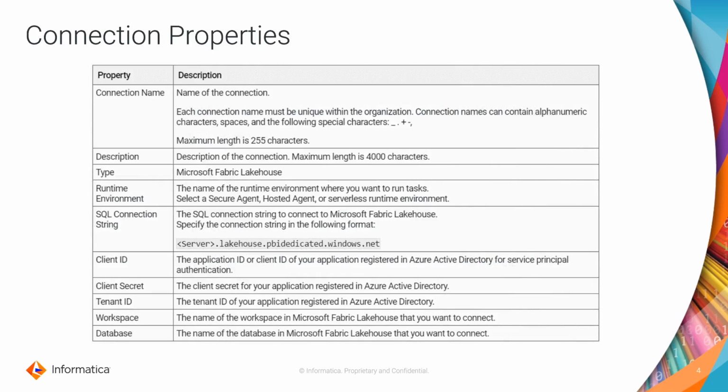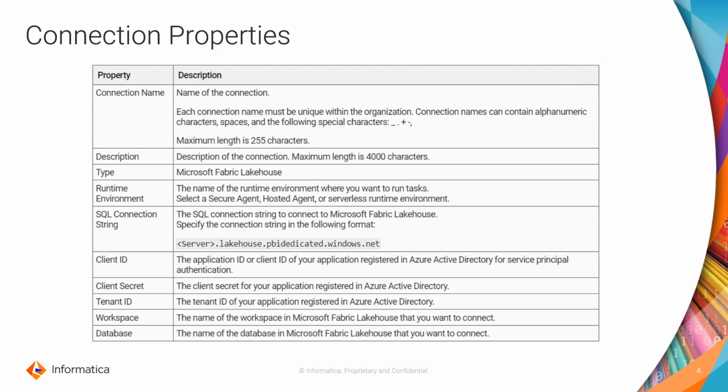Now from the IDMC side, we'll see how we can create the connection and what the mandatory details are to be specified while creating it. These are the connection properties used for creating a Microsoft Fabric Lakehouse connection. Connection name, you can give any connection name. Description is optional.